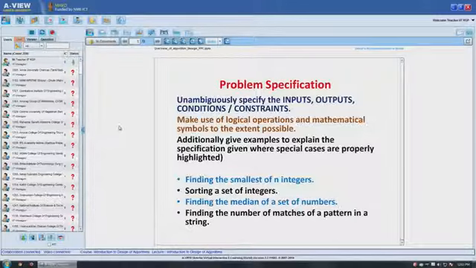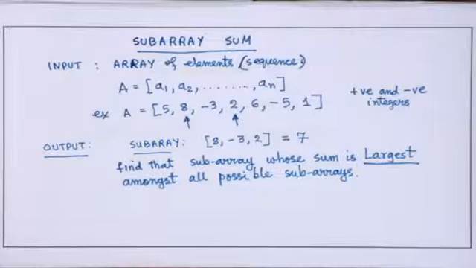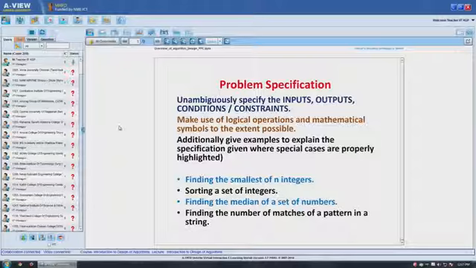So, the specification of a problem must contain the inputs, the outputs, and the conditions or constraints given. Here are 4 examples that we have highlighted here: finding the smallest of n numbers, sorting, both of which we did. I would request you to try and specify, during your discussion session and any other session, how you would accurately specify finding the median of a set of numbers.